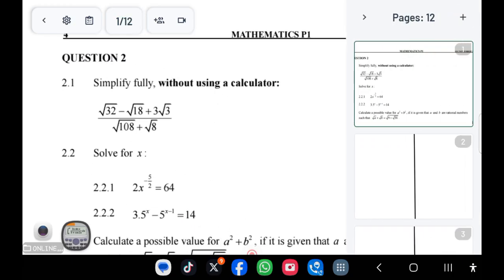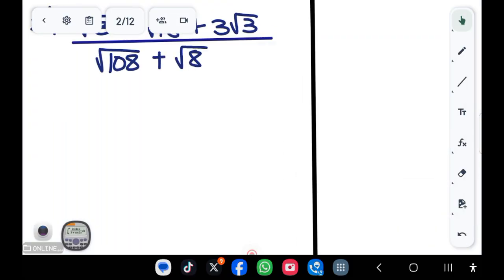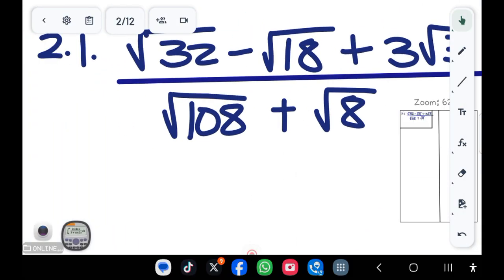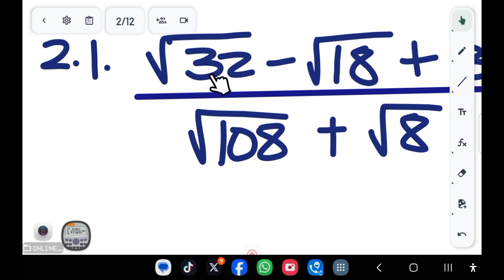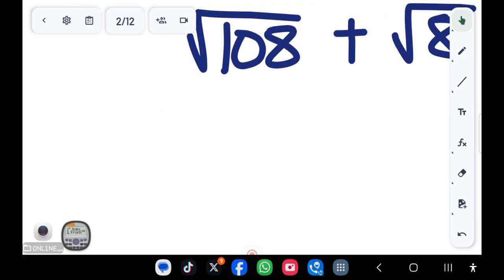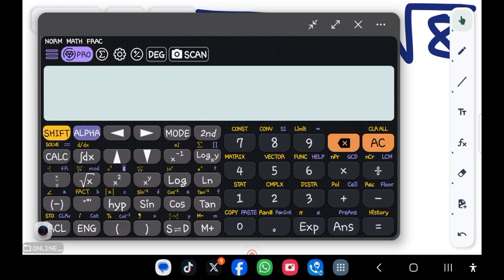So what you do with this type of question is, the first thing you do is you figure out what you can convert the number inside the square root as. Now the goal is to make sure that you change that into a product of a square and another number. Now you take a calculator and you go 32 and then divide that by 2 to see if the remainder gives us a square, and it gives us 16.